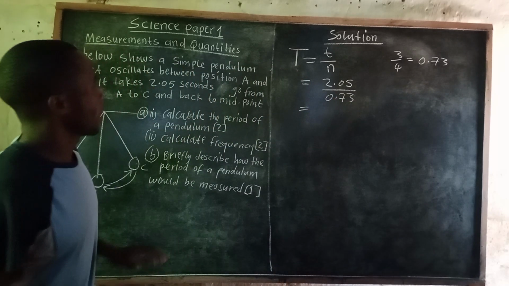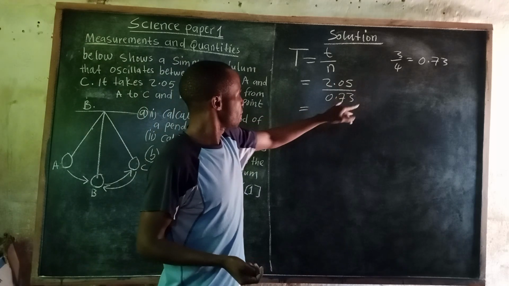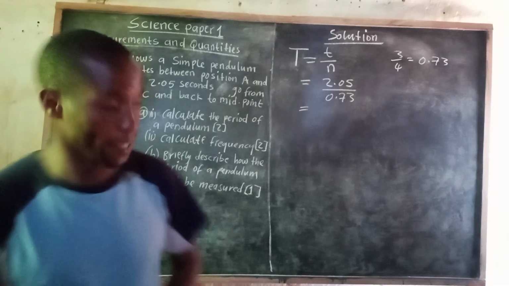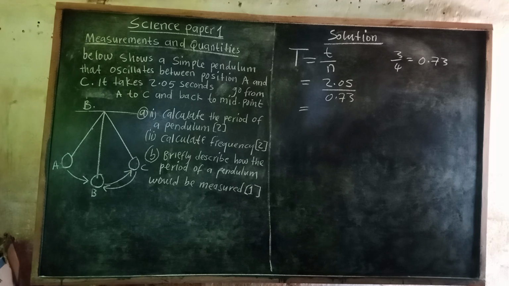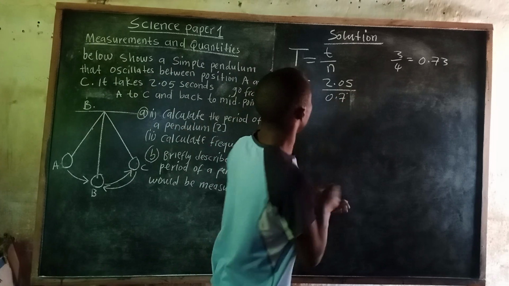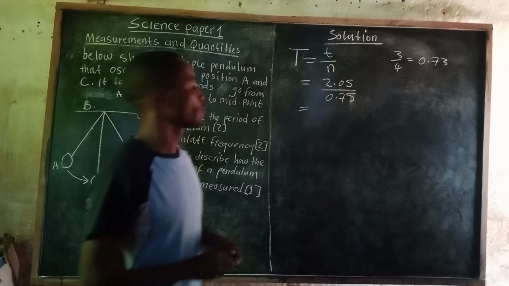Now when you say 2.05 divided by 0.75, what is the answer?